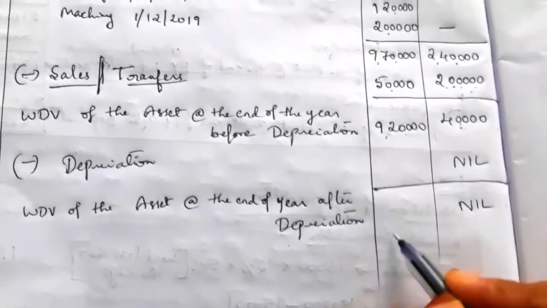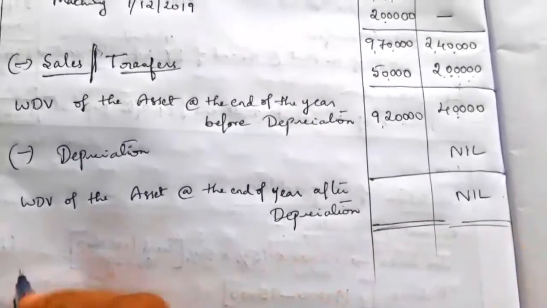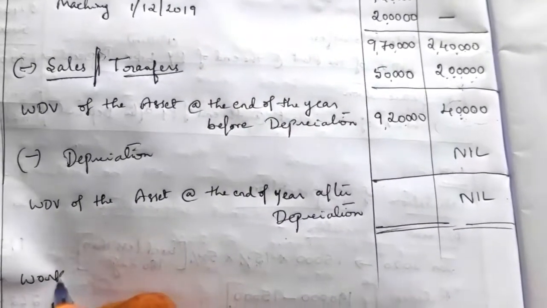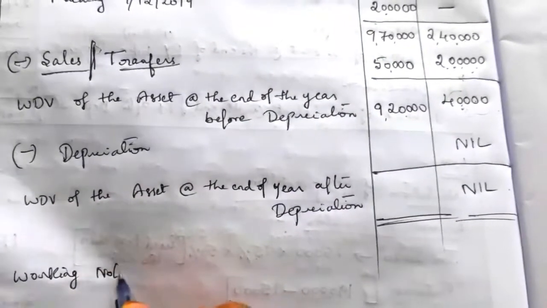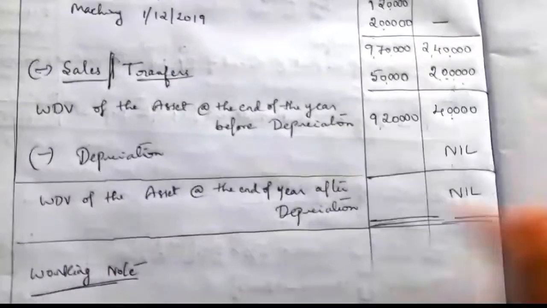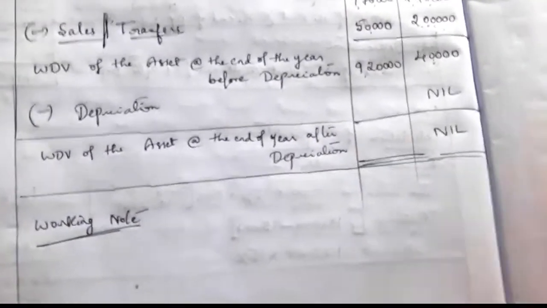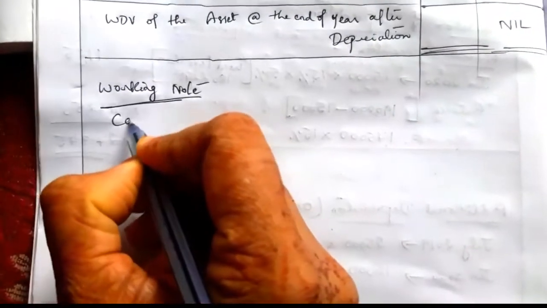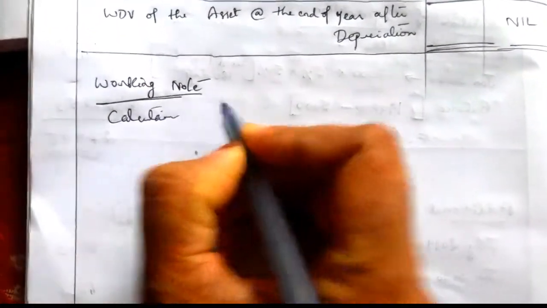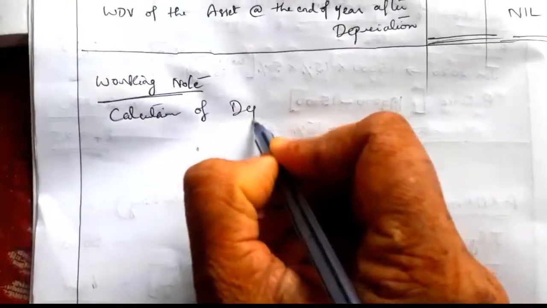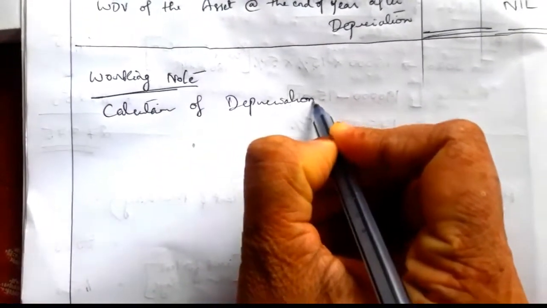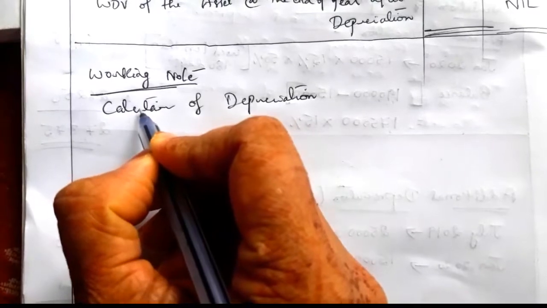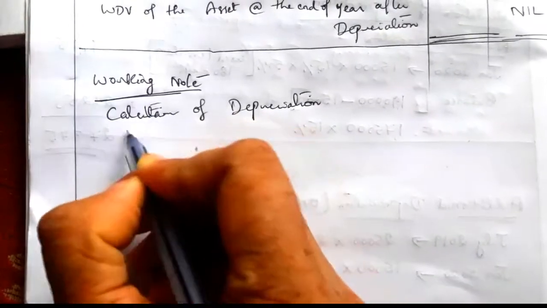So now we will calculate the depreciation. Working note. We will calculate normal depreciation as well as additional depreciation for the plant and machinery. So write the heading calculation of depreciation. That is for the plant and machinery.